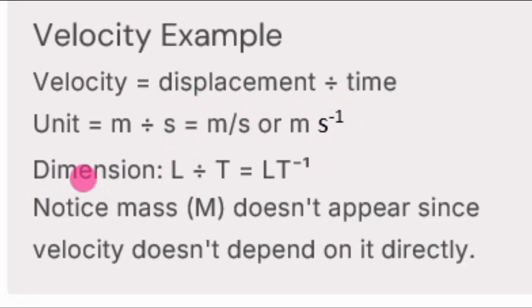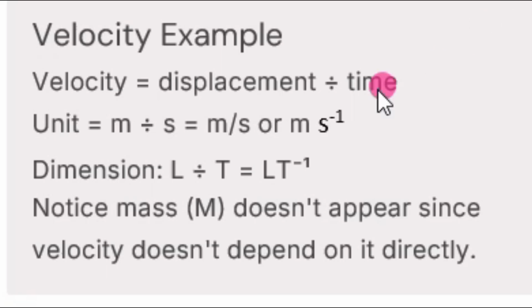So what's the dimension? Since we've gotten the unit, we'll just put this, just like I said here: this M is for unit, this S is for unit, this kg is for unit. This T is for dimension, this big L is for dimension.